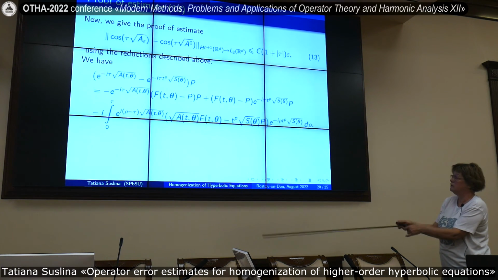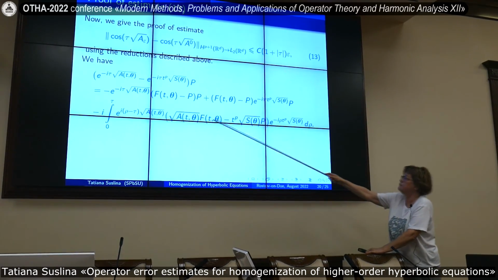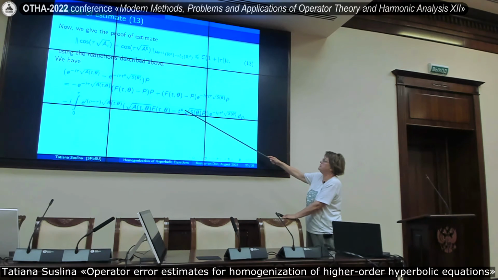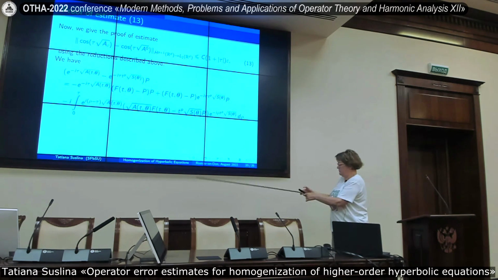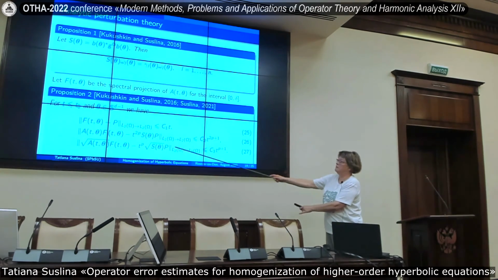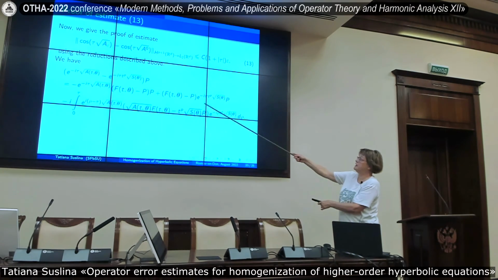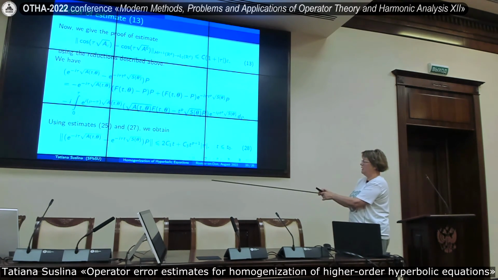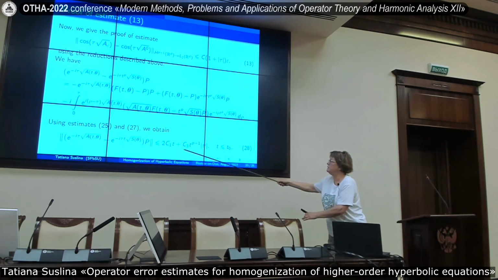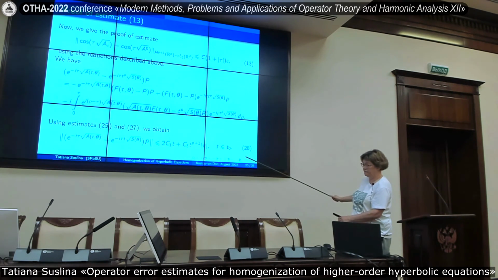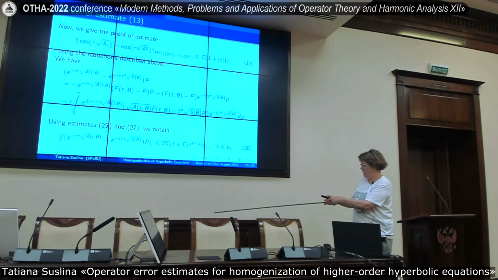The third term, this integral term, involves the square root of A F minus t to the power p square root of S P. And for this operator, we have this threshold approximation. So using such a representation and this proposition, we immediately obtain estimate 28. The right-hand side depends on t and tau.